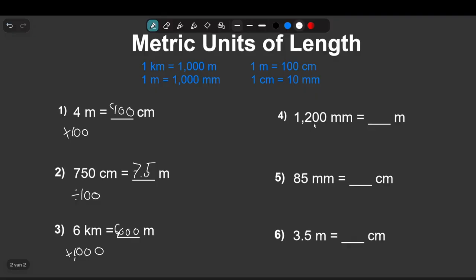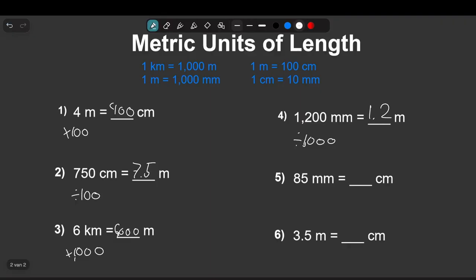Well, again, we're just going to divide because we are going to a higher or a bigger unit. We're going to divide by 1000 because 1000 millimeters will equal 1 meter. So we're going to divide 1200 by 1000, and this will give us the answer of 1.2 meters.